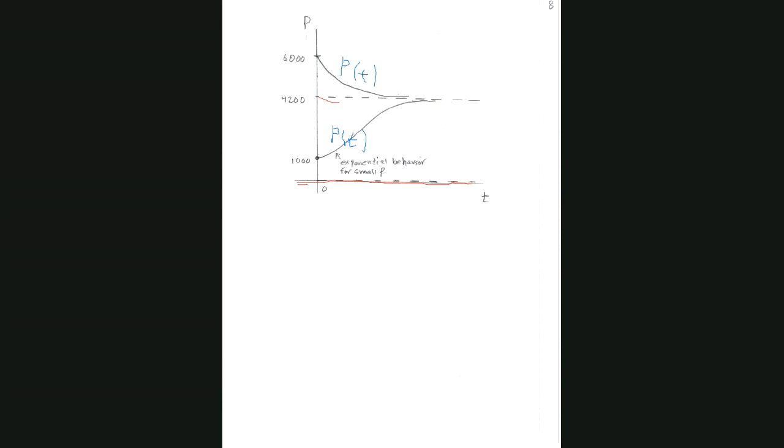What's P of t equal to for this horizontal line here?